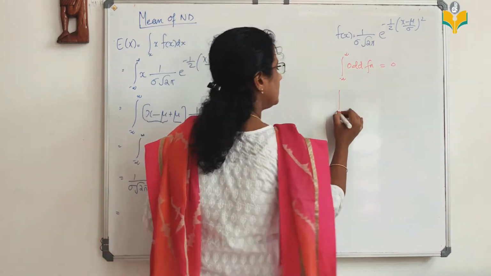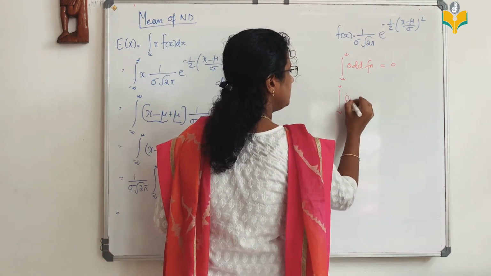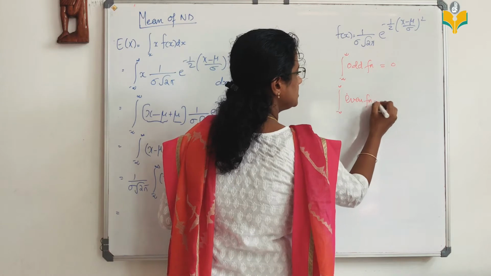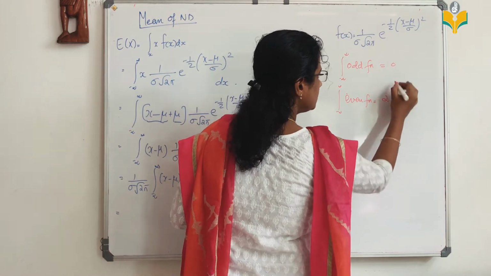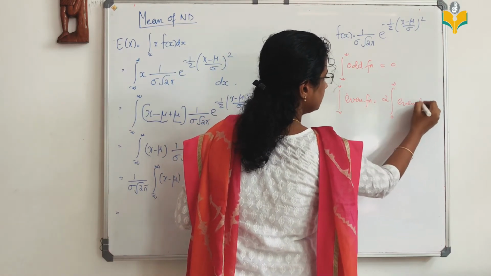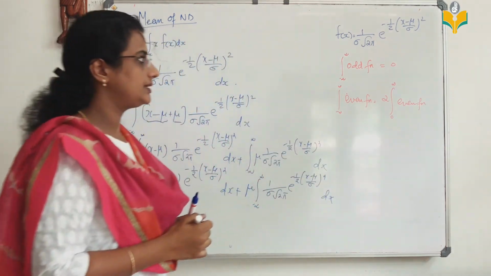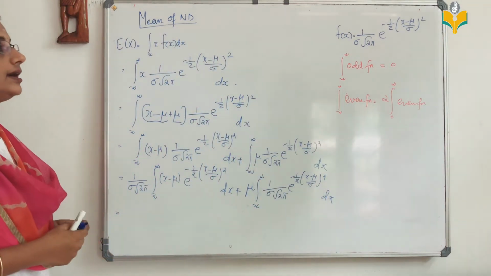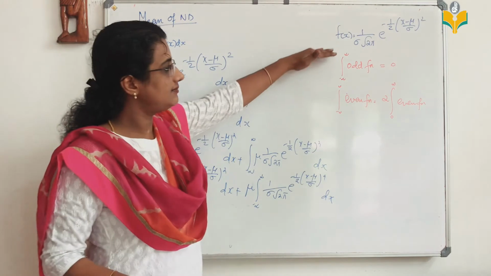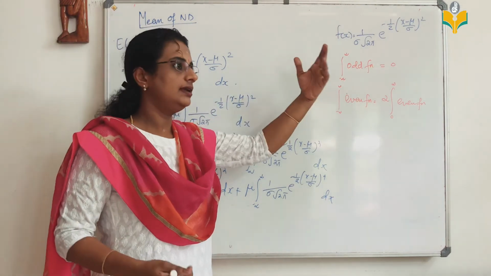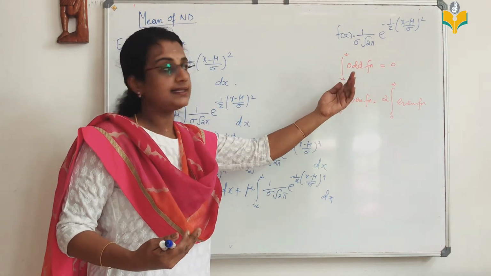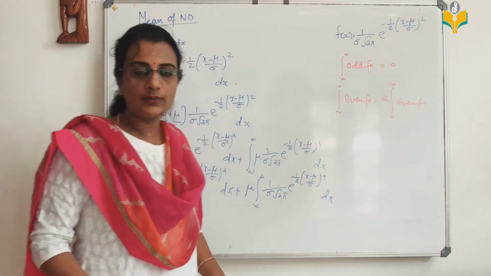Then what will be the integral from minus infinity to infinity of an even function? It is equal to 2 into the integral from 0 to infinity of the even function. So these are some properties in mathematics regarding functions. For example, the integral from minus a to a of an odd function is equal to 0.